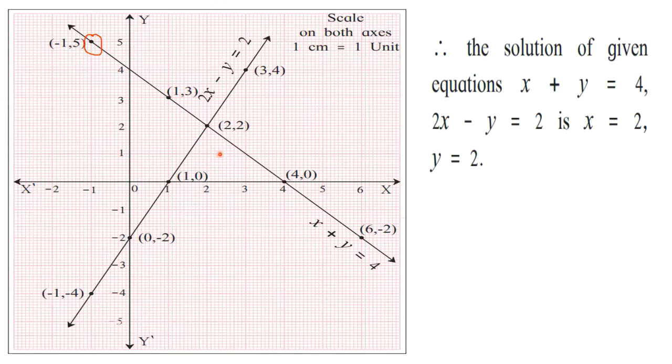Either you can write the answer in the form of an ordered pair, that 2 comma 2 is the solution of the given equations x plus y is equal to 4 and 2x minus y is equal to 2. Or you can write that the solution of the given equations is x is equal to 2 and y is equal to 2.